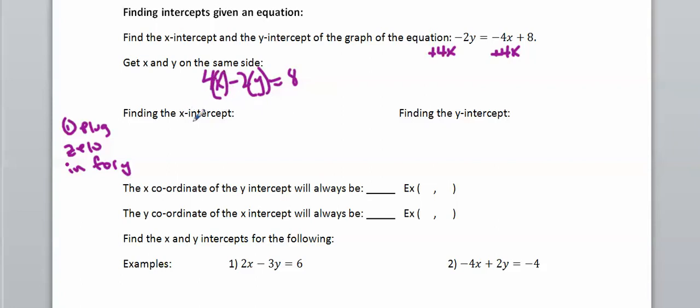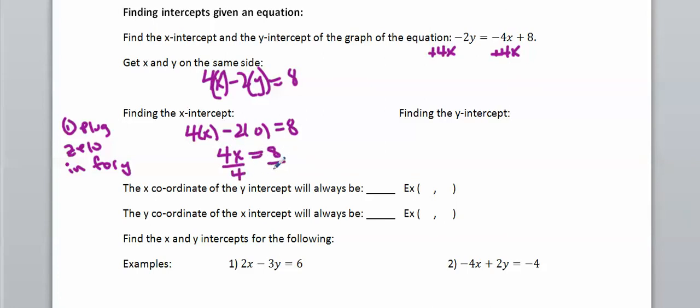In this case I'm looking for x, so I don't need y. I'm going to replace that with 0. I get 4x minus 2 times 0 is equal to 8. If I simplify this, negative 2 times 0, well, y drops out completely, so I'm left with 4x is equal to 8.